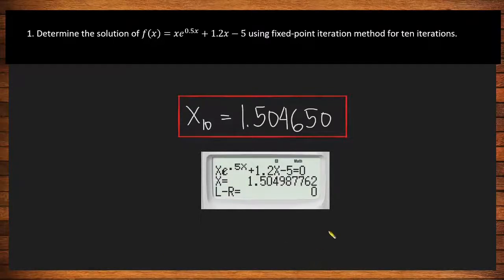So, using the shift solve function of our calculator, we have x equal to 1.5049877762. As you can see, yung nakuha nating sagot using the fixed point iteration method is very, very close doon sa nakuhang sagot using shift solve in our calculator. Okay? Ibig sabihin itong sagot na nakuha natin is acceptable na siya.